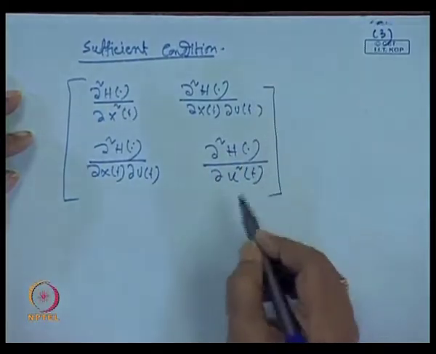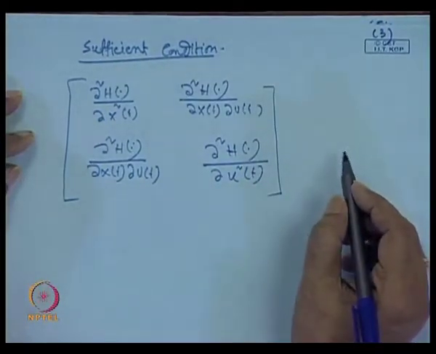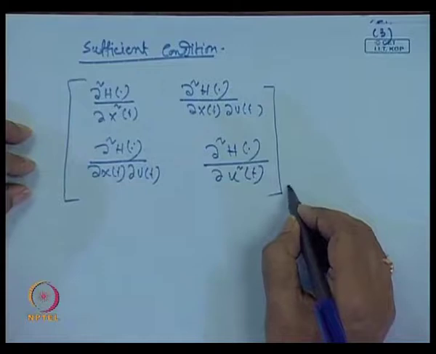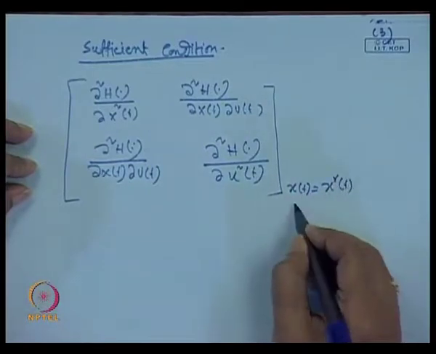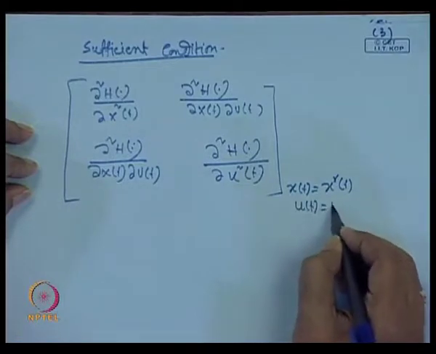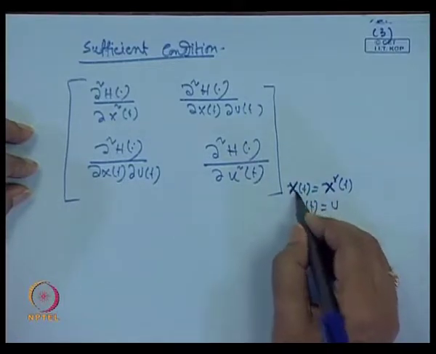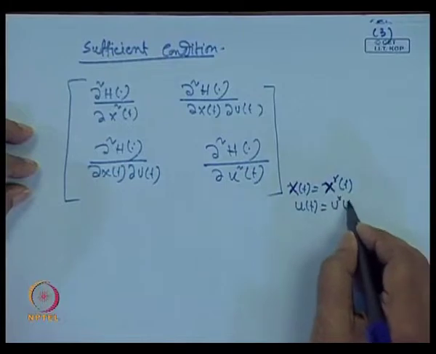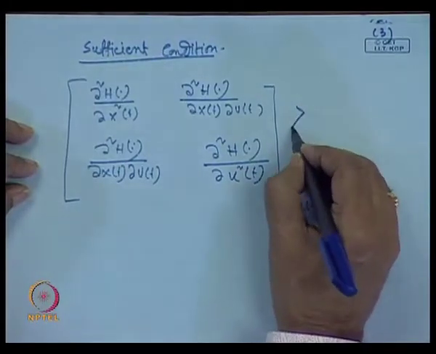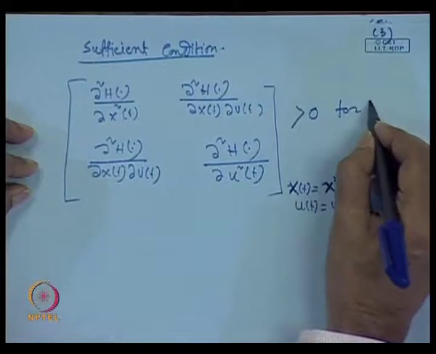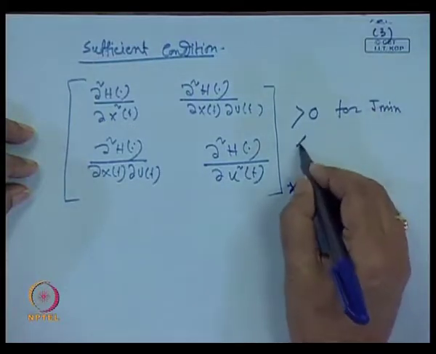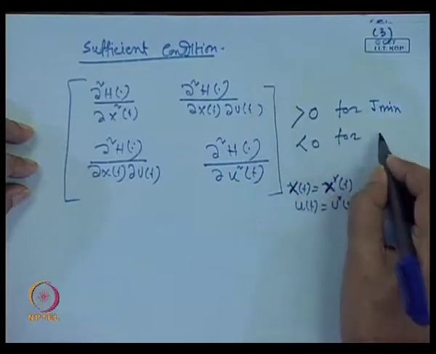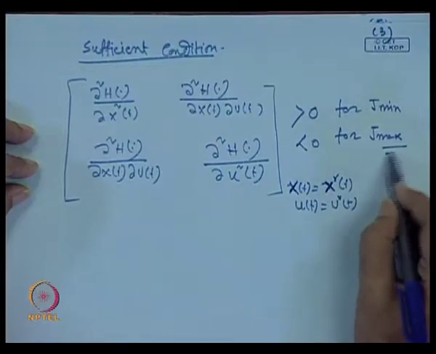You evaluate this along the trajectories, the solutions you got, x star of t and u star of t. If it is greater than 0, we conclude that we got J minimum. If it is less than 0, it is J maximum, that you have to check.